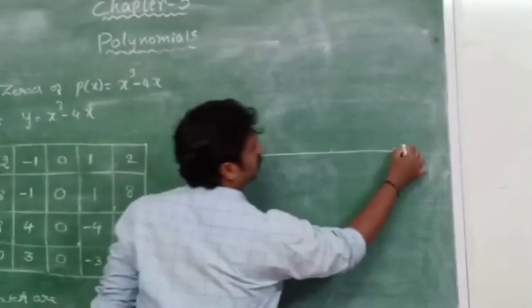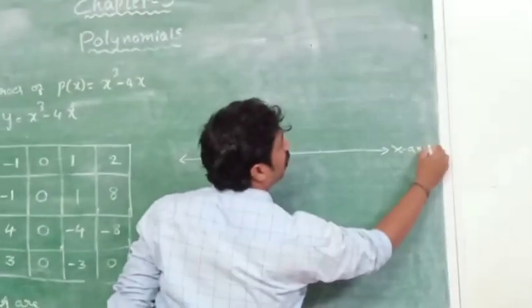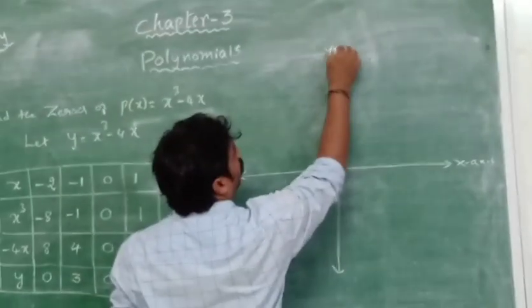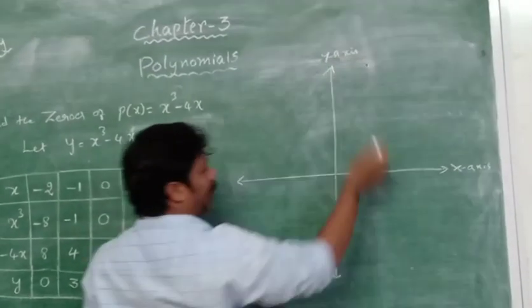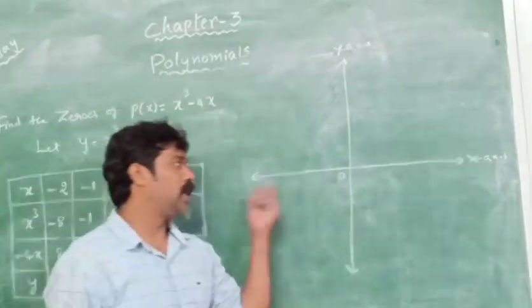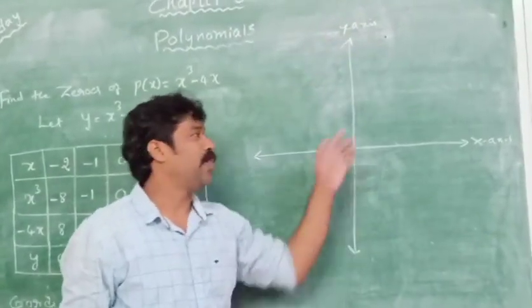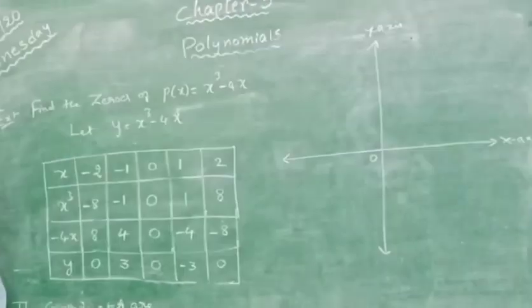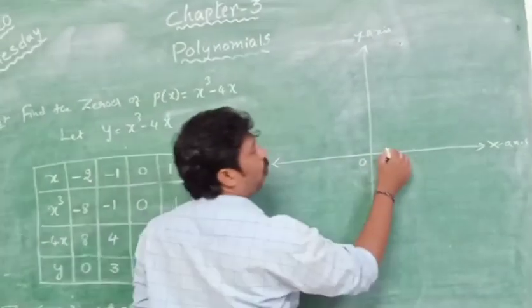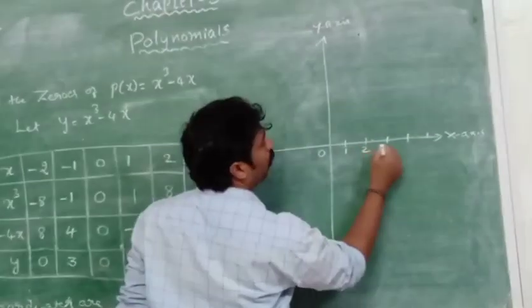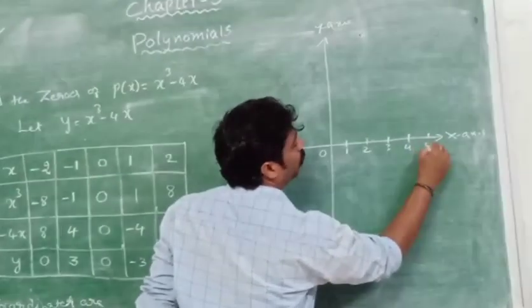This is the x axis and this is the y axis. The intersection of the x axis and y axis we take as 0 or origin. On the x axis and y axis, we can take 1 centimeter as 1 unit because all the values are small. So on the x axis we take 1, 2, 3, 4 and 5, with 1 centimeter equal to 1 unit.